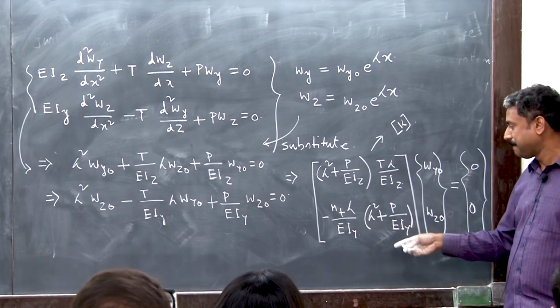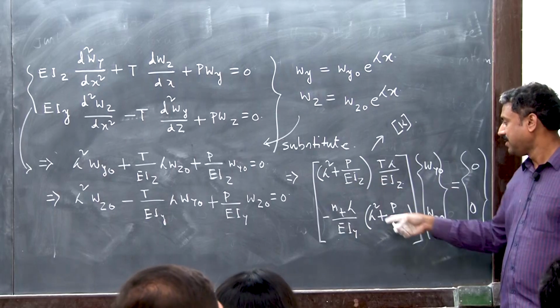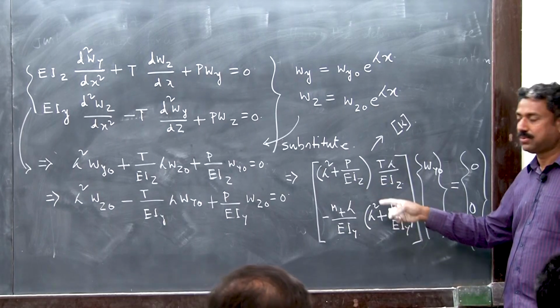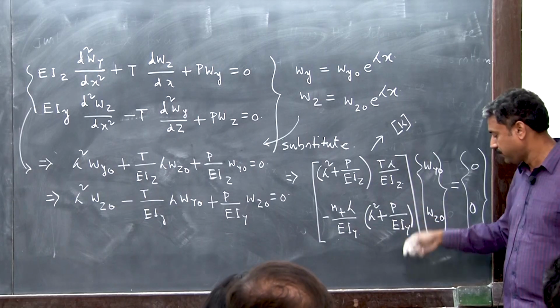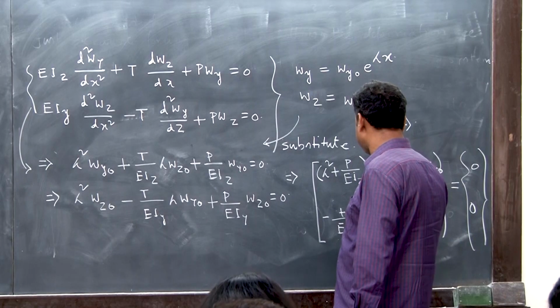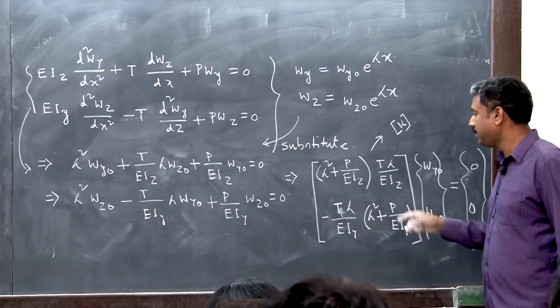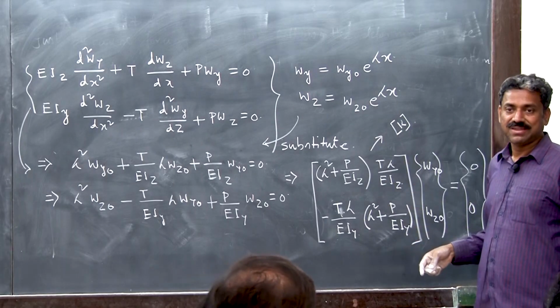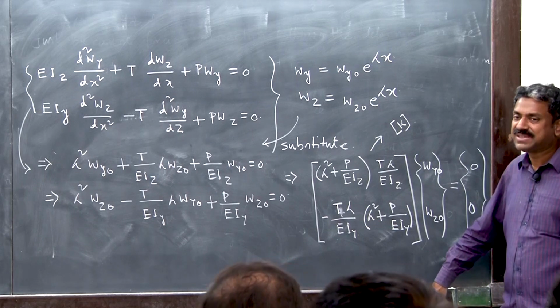Do you see that the diagonal terms are positive? But the off-diagonal terms, these are asymmetric. Do you see that? Have you seen a stiffness matrix to be asymmetric?